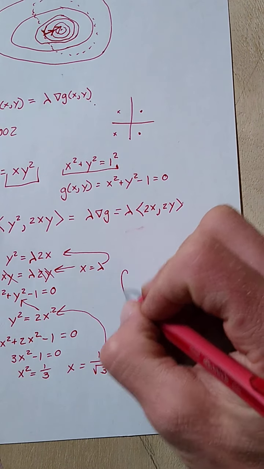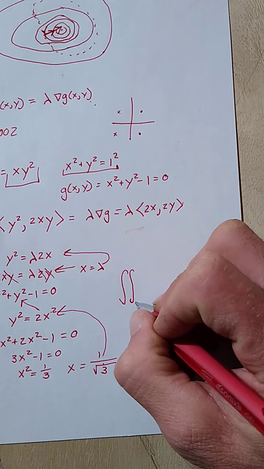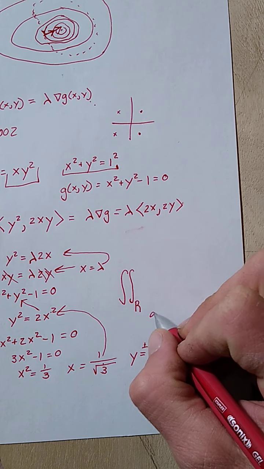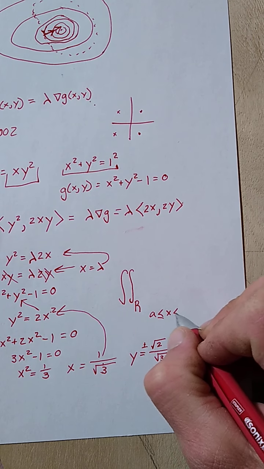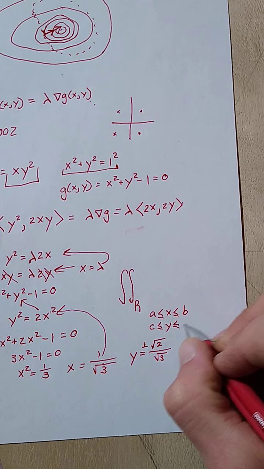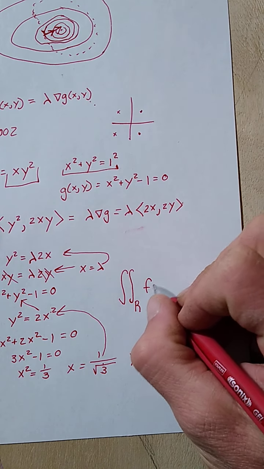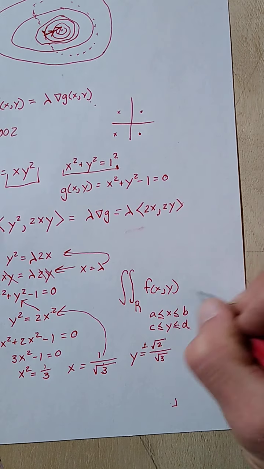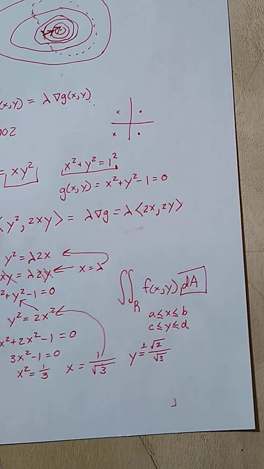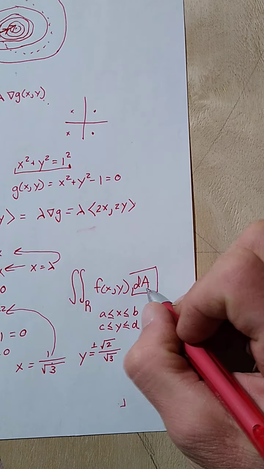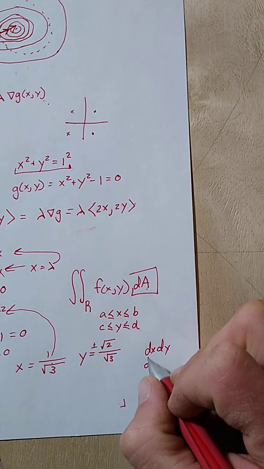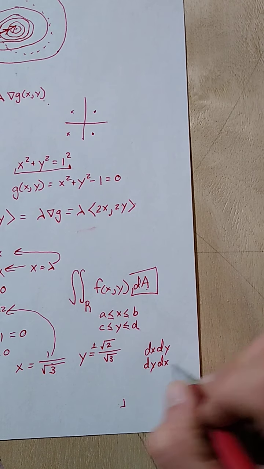Just as a teeny thing, if I have to do the double integral over a region that's a rectangle, so let's say I have a less than or equal to x less than or equal to b, and c less than or equal to y less than or equal to d, f of x and y dA, then I can write the dA as dx dy, or I can do it dy dx.